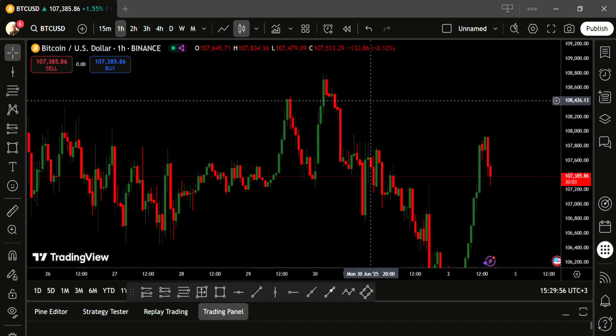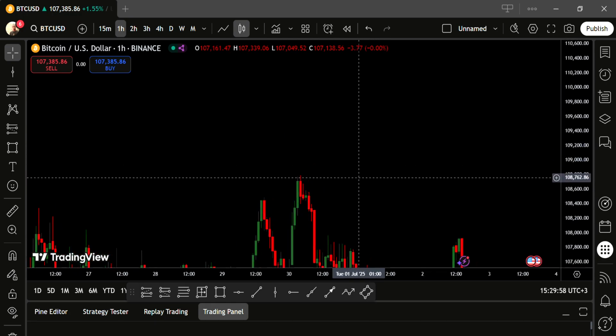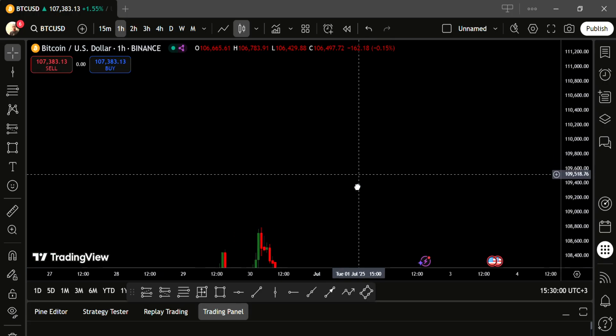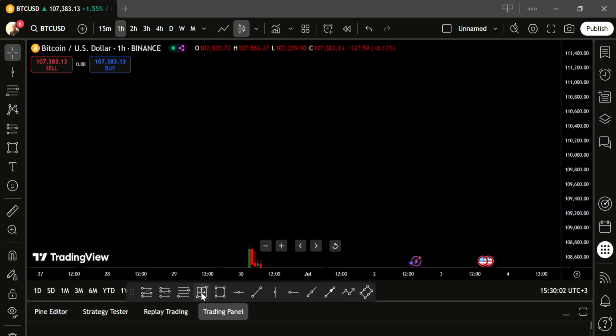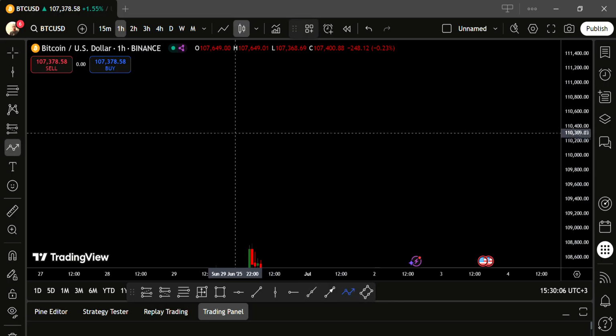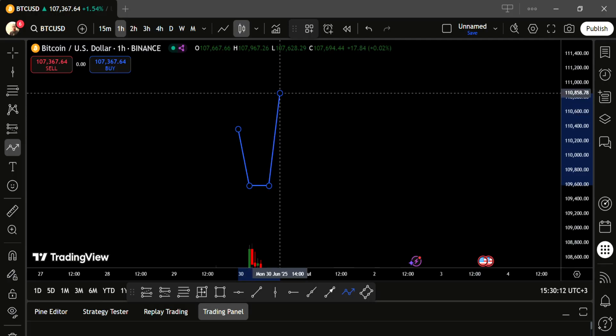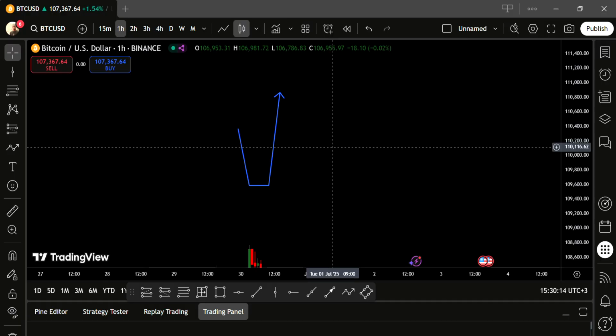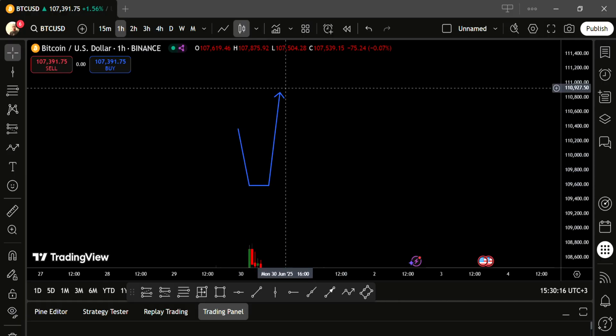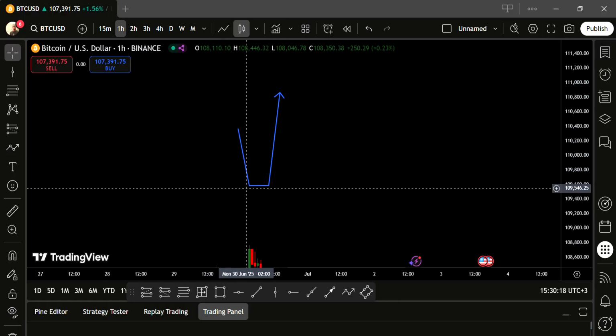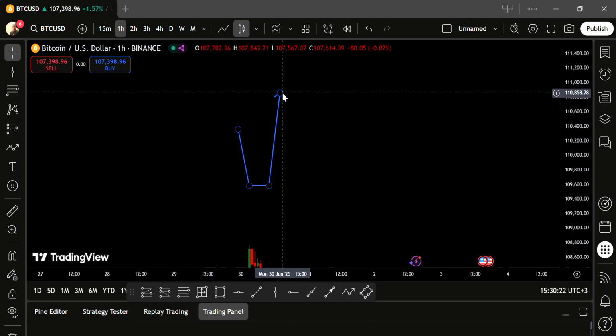So today I'm going to be teaching you about two setups mainly. One is what we call drop base rally. Price drops, forms a base, and then it rallies to the upside.